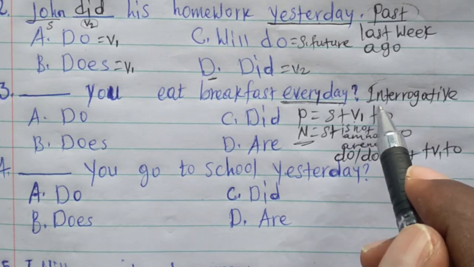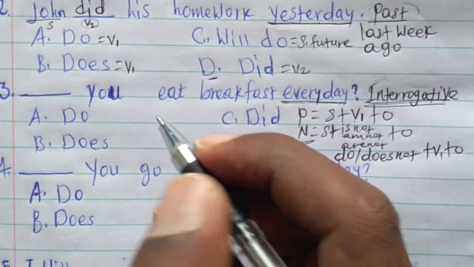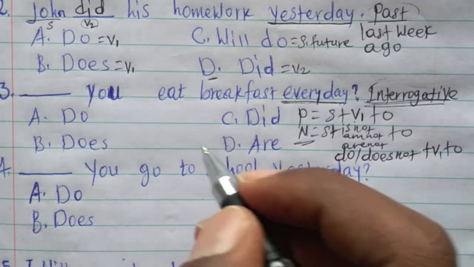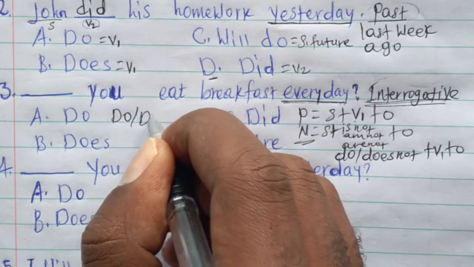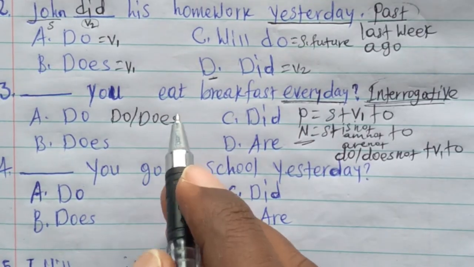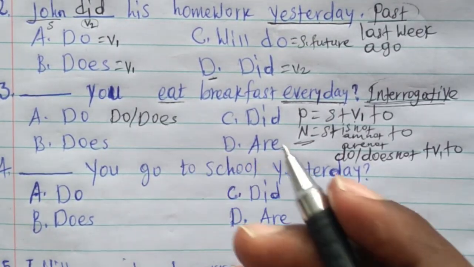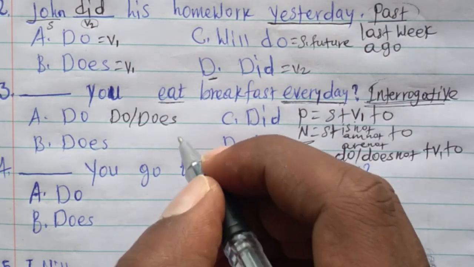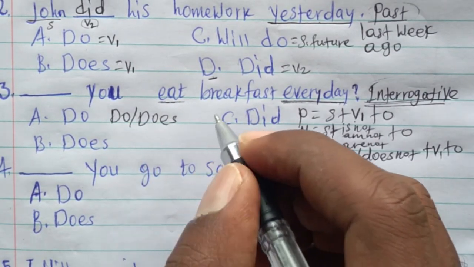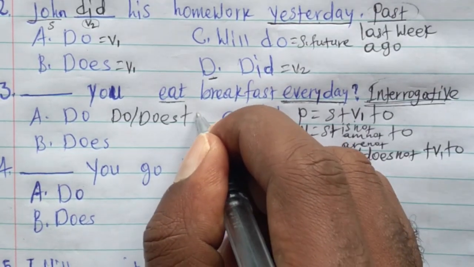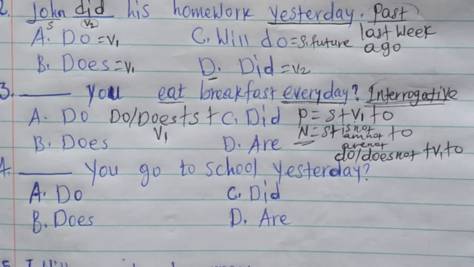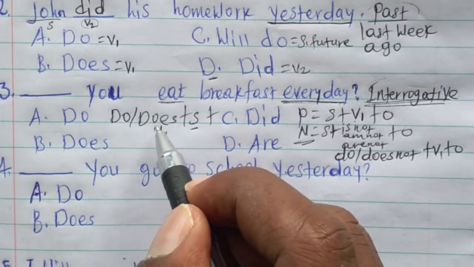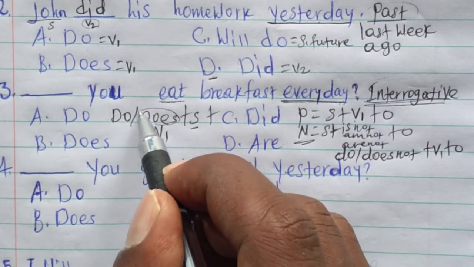And now we are asked to find the interrogative form. The interrogative form for simple present tense is do or does. In this case we are using do or does because the verb is a base verb or root verb, so we use the structure do or does plus subject plus verb 1. If the subject is singular, then we are going to use the helping verb does.